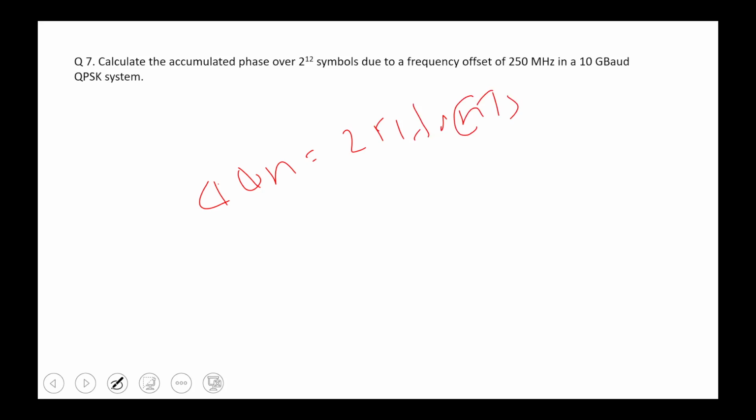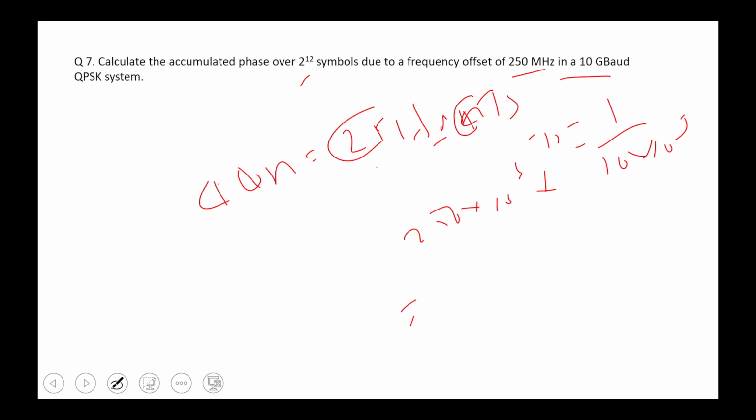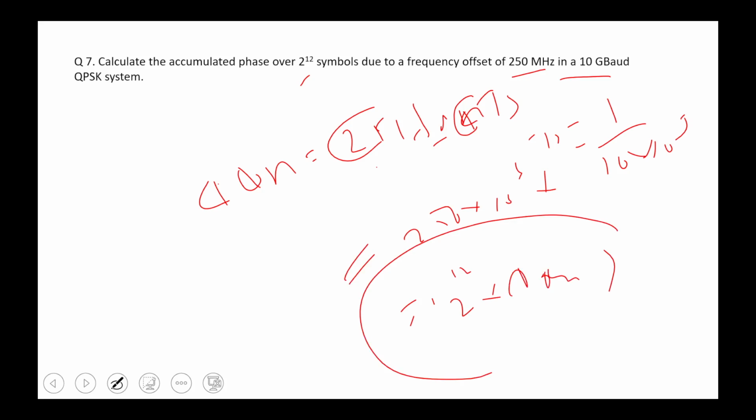N is 10 to the power 12 symbols total, and the bandwidth is 10 gigabit, so ts equals 1 upon 10 into 10 to the power 9, and fd is 250 into 10 to the power 6. Calculate for one symbol fd ts, then multiply by 10 to the power 12 to get delta phi n, the total accumulated phase.